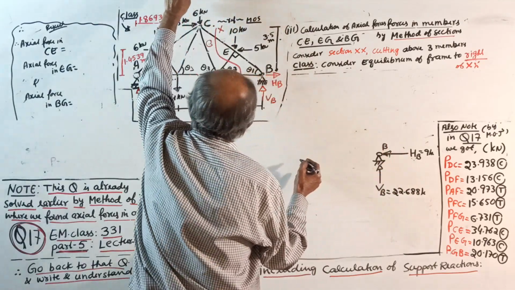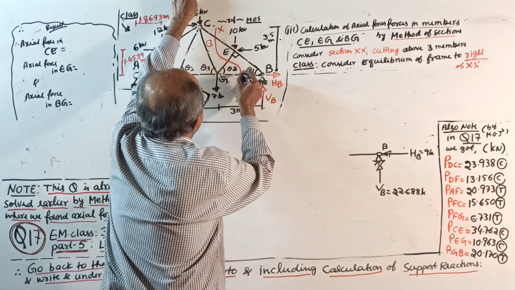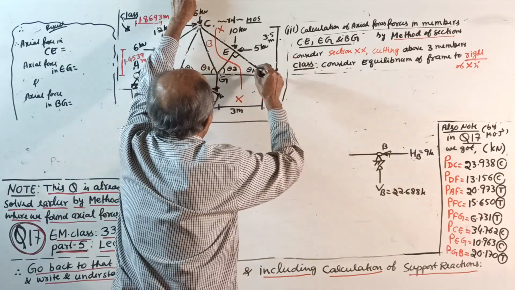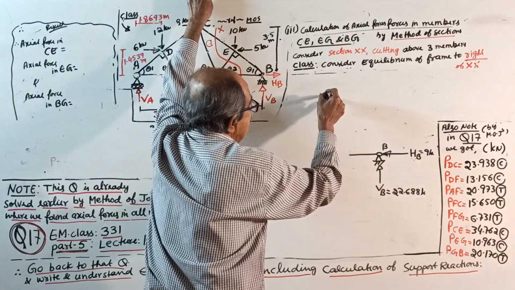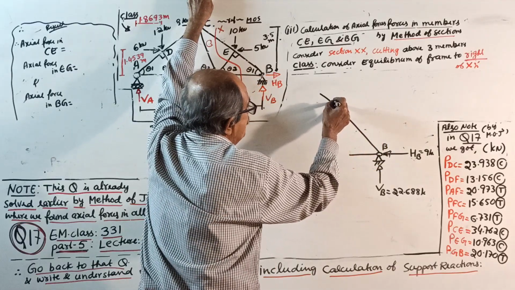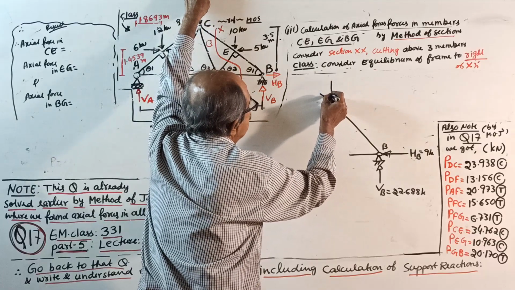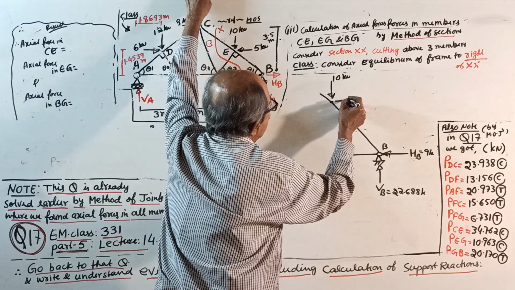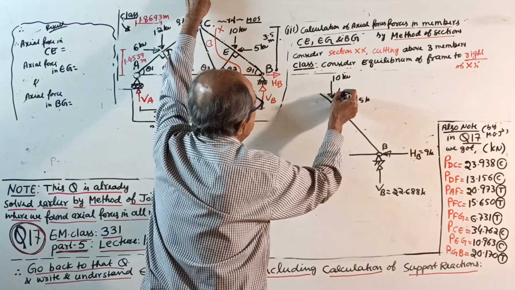Okay. Then after B, a little distance here, cut. See here. Then E is intact. Angle is how much? Angle is θ1. It will come this way, up to somewhere here. This is the joint E. There a vertical downward force of 10 kilonewton and a horizontal force of 5 kilonewton. This is the joint E intact.